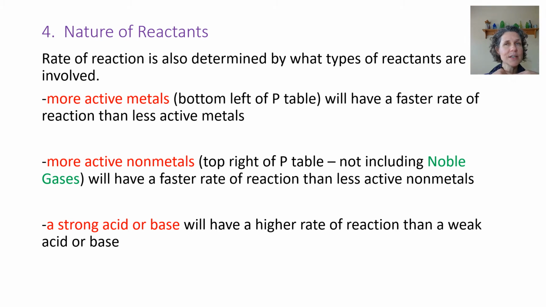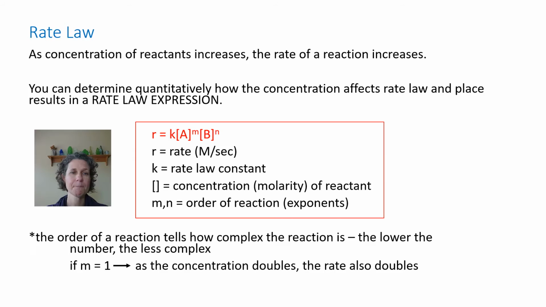And then any acid or base that is labeled strong is going to have a higher rate of reaction than a weak acid or base. And obviously, like I was saying before, if I want to set something on fire, I'm going to put gasoline on it and not water. It's just what you're actually working with.